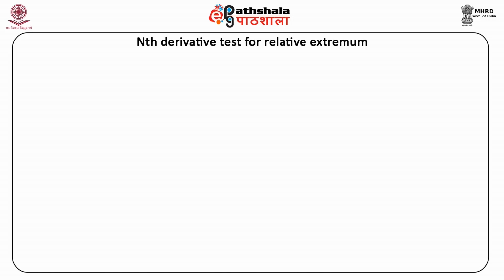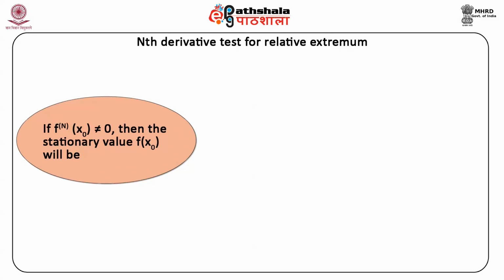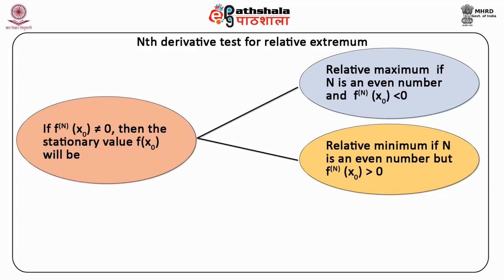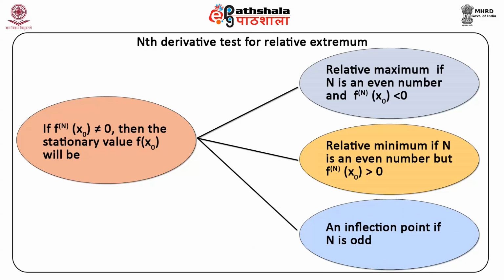If the first derivative of a function f(x) at x0 is f'(x0) = 0, and if the first non-zero derivative value at x0 encountered in successive differentiation is that of the nth derivative, f^(n)(x0) not equal to 0, then the stationary value f(x0) will be: a, a relative maximum if n is an even number and f^(n)(x0) is less than 0; b, a relative minimum if n is an even number but f^(n)(x0) is greater than 0; and c, an inflection point if n is odd.